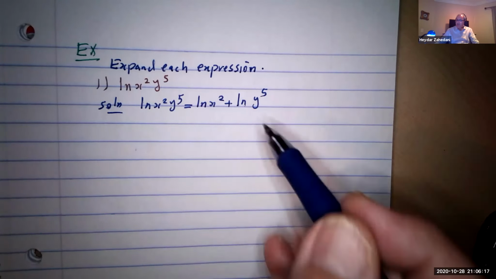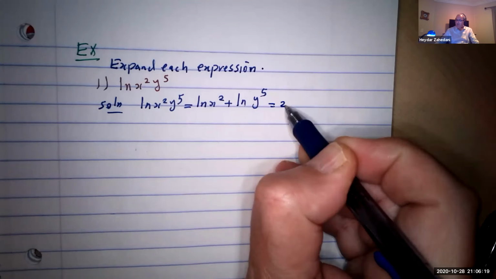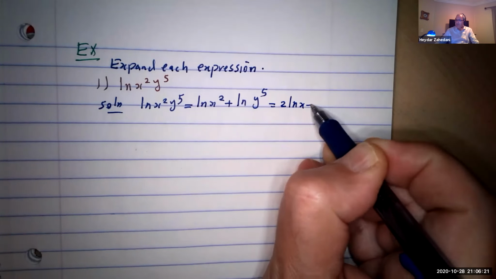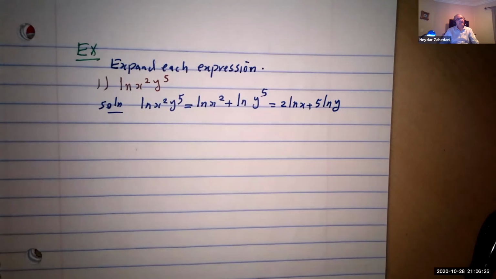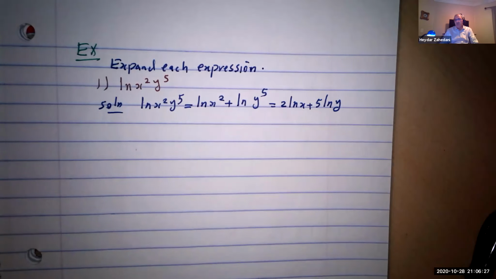So put the powers up in front. That gives you 2 ln of x plus 5 ln of y, and then you're done. You see in your final answer, there is no more power, no product, and no quotient. So you did the expansion.